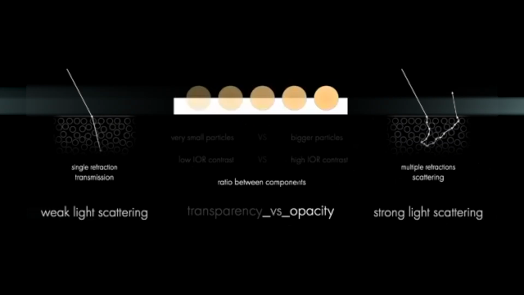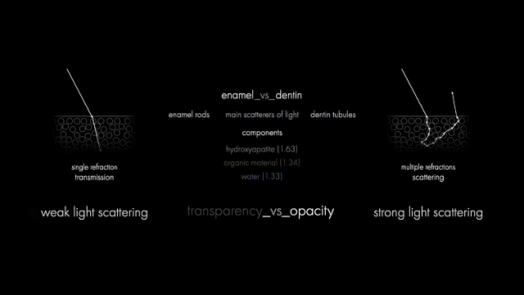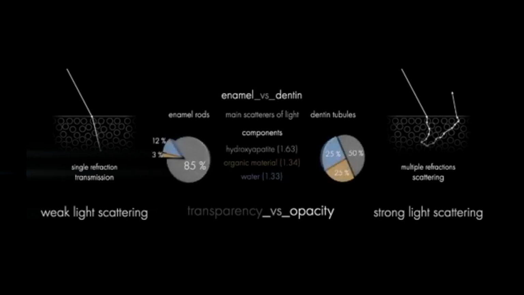And finally, we have another one, which is also related. I mean, all of these are connected, but it is very important to understand the ratio between the components. So we need to understand that even the dentin and the enamel have the same composition: hydroxyapatite, organic material, and water. They are completely different optically just because the composition is completely different regarding the percentage.